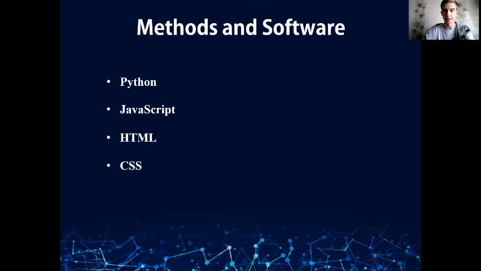HTML and CSS are the languages in which the system interface was created and styled. Sublime Text is the integrated development environment in which I wrote the interface code. Jupyter Notebook is a Jupyter project in which I developed the main Python code.